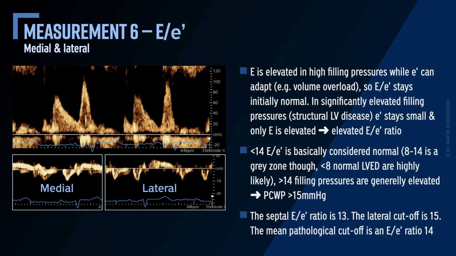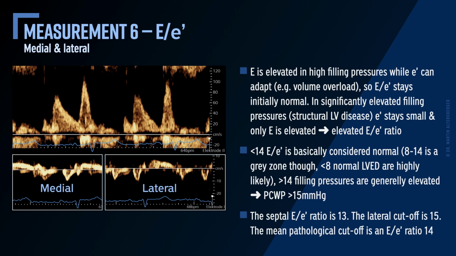Then in significantly elevated filling pressures due to structural left ventricular disease, the E to E prime stays small and only E is elevated. So the E stays large, the E prime stays small, and we have then an elevation of E to E prime.